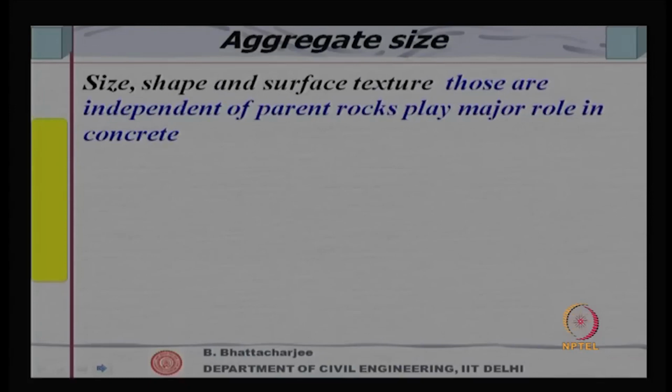Size, shape and surface structure are independent of the parent rock, but play a major role in concrete.